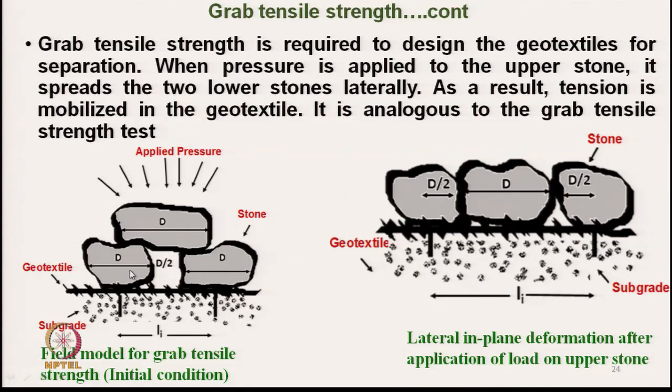So, these two lower stones will move away laterally. As a result, tension is mobilized in the geotextile. So, these are the gripping points, the tension will be mobilized and it is simulating the grab tensile strength.